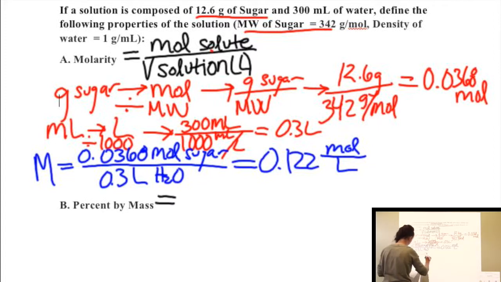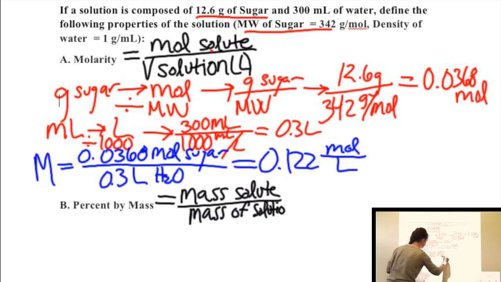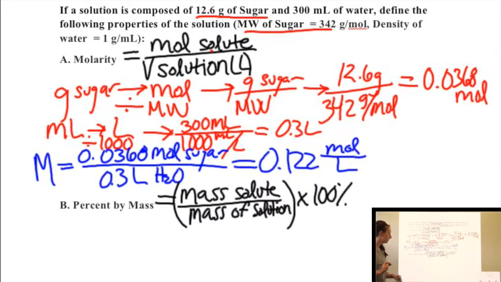So we're going to get the mass of your solute over the mass of solution, and then you multiply that entire thing by 100%. So we already know from up here what the mass of our solute is, since it's just sugar. So what we have to find is the mass of our solution.